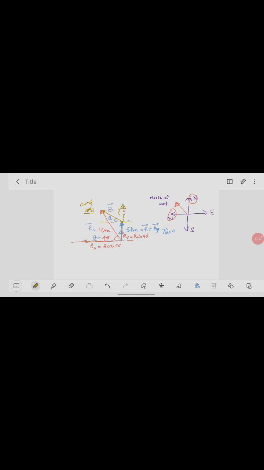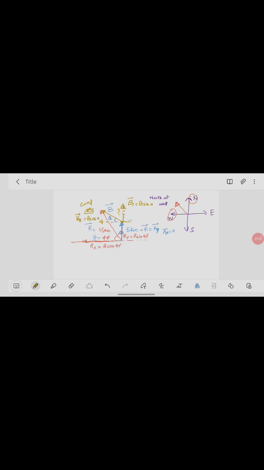One component will be here, one component will be here. So this is Bx, which you can write as B cos A, and this side is By, which equals B sin A. A is the angle I took, okay? I'm just simply solving in a normal way, which I explained to you in the class. One by one you need to understand each and every step.